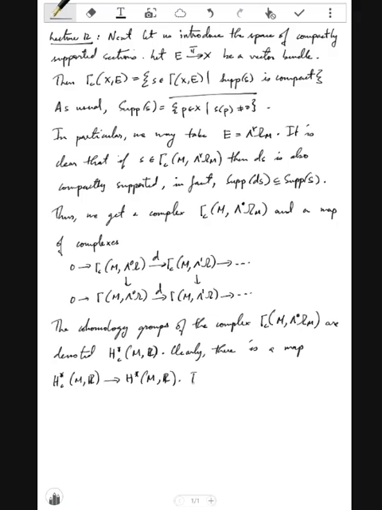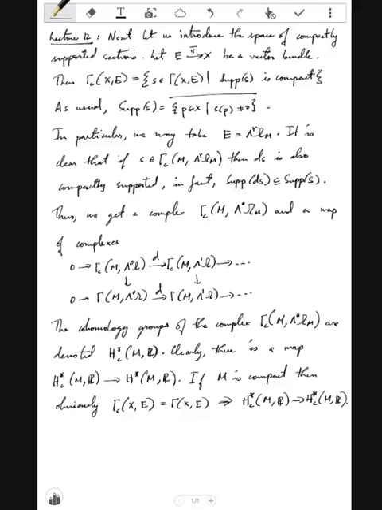If M is compact, then obviously the compactly supported sections are equal to the usual sections, so which implies in this case this natural map is actually an isomorphism. They are both the same. Sorry, there's C.